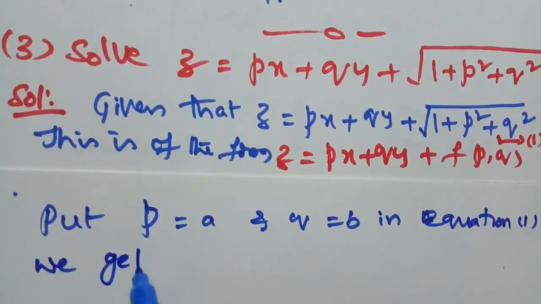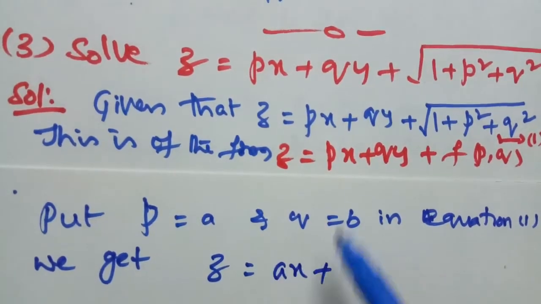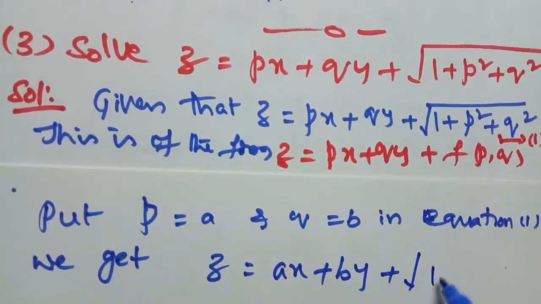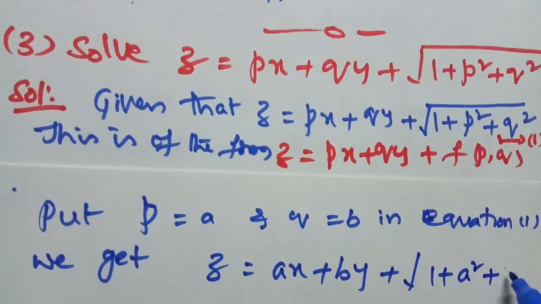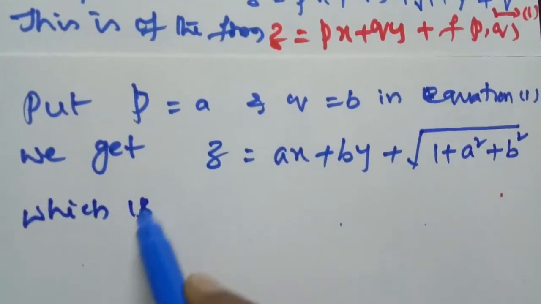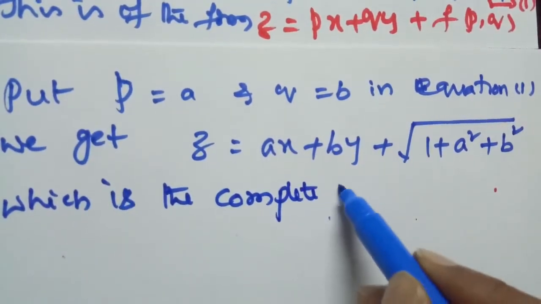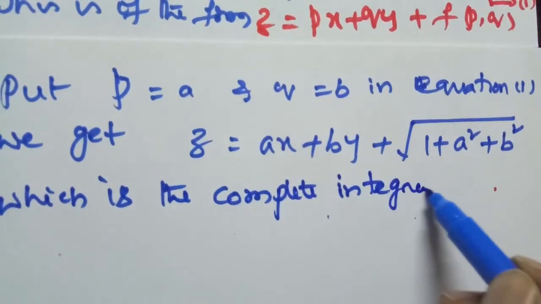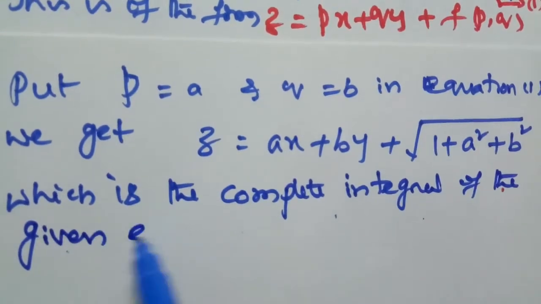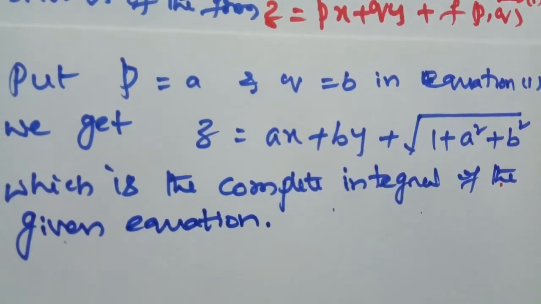We get z is equal to ax plus by plus square root of 1 plus a square plus b square, which is the complete integral of the given equation.